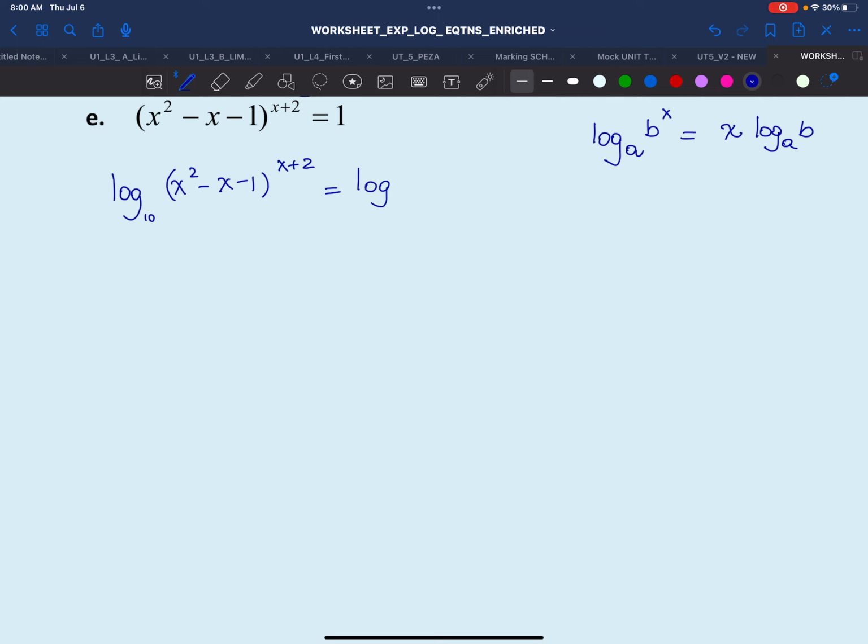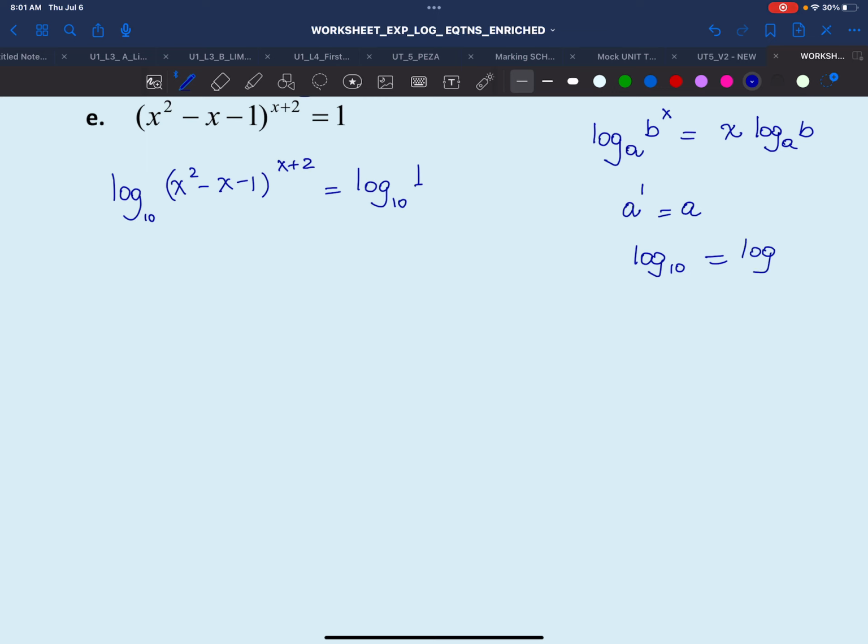When the base is 10, we don't write it. It's the same as when we have a term to the power of 1, we don't write the power, because we know it is 1. The same thing with log. If you have log with base 10, that's simply log.